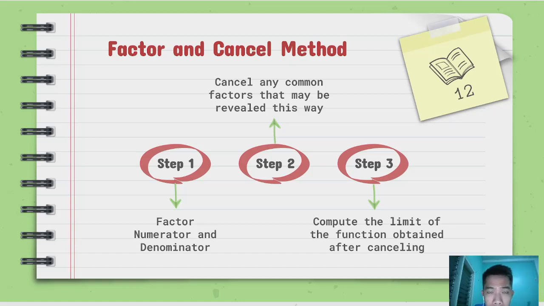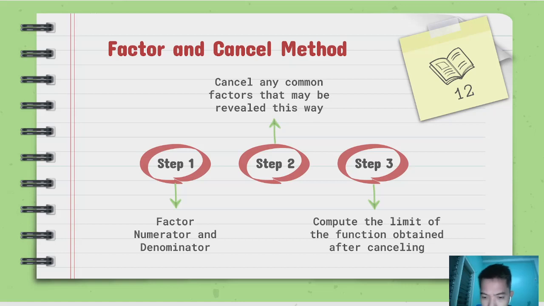I have checked your assignment and some of you have used this method already. Basically, according to the slide, step 1 is to factor the numerator and denominator, step 2, cancel any common factors that may be revealed by factoring, and step 3, compute the limit of the function obtained after cancelling.